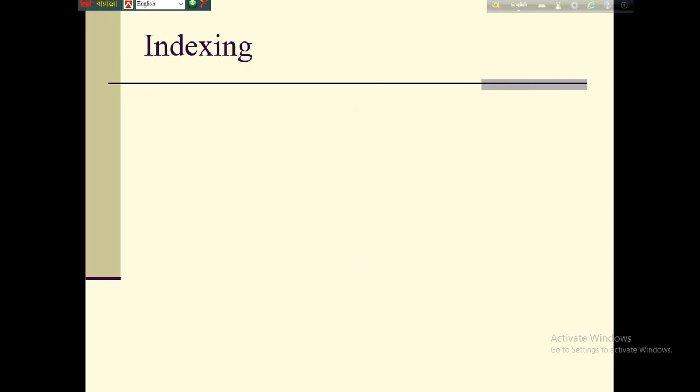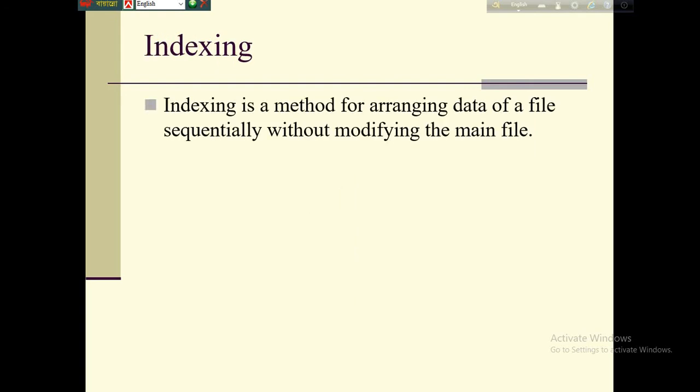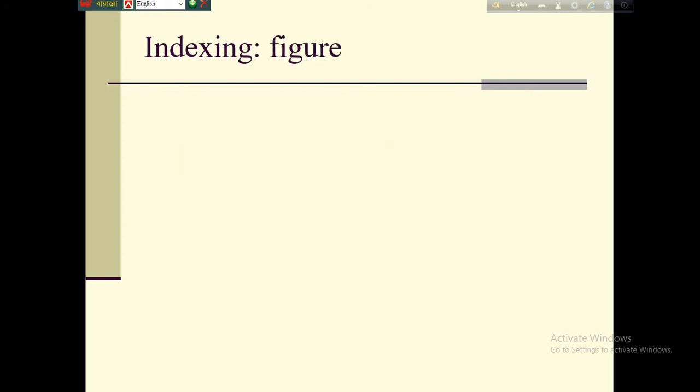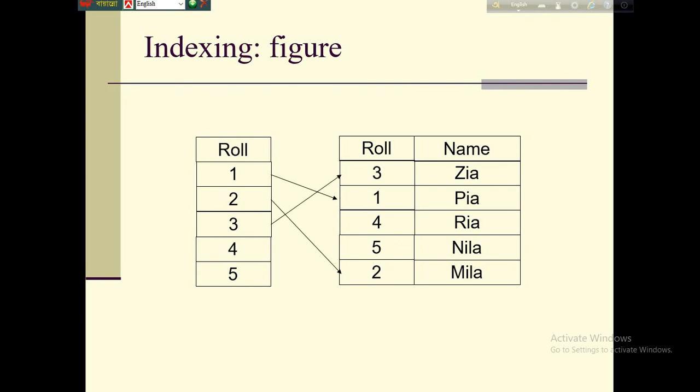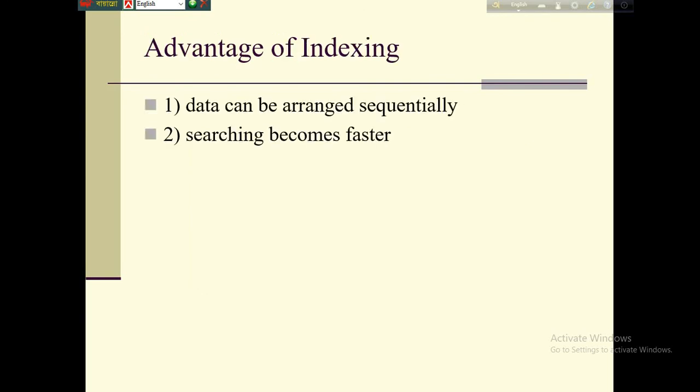Here is an example of sorting and indexing. Indexing is a method for arranging data of a file sequentially but without modifying the main file, and we see the figure of indexing. What are the advantages of indexing? Data are arranged sequentially, and if you arrange data sequentially, then it will be easier to find any data.